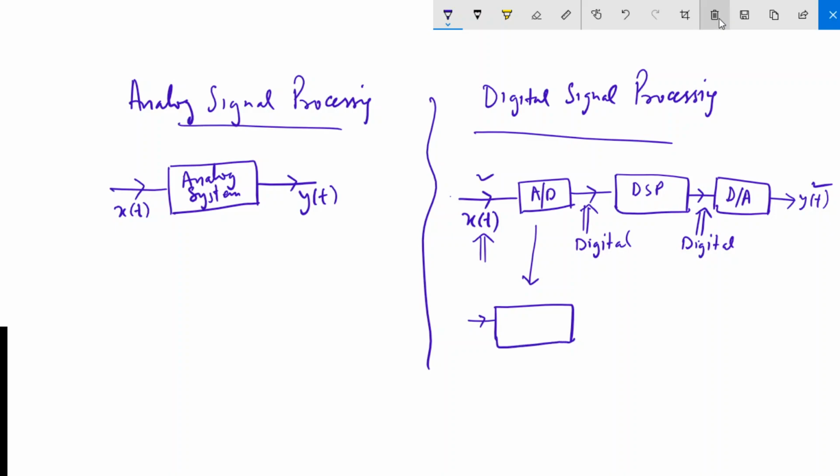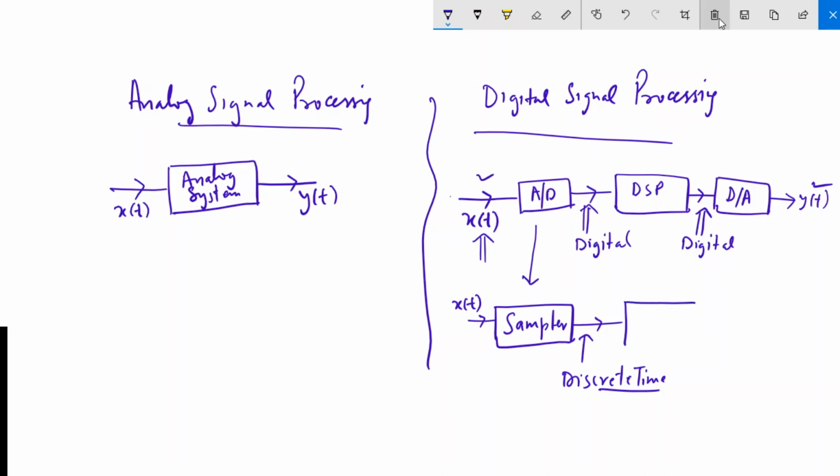Okay, now this A to D converter, analog to digital converter, itself has many blocks within it. You give as input a continuous time, analog signal. The first block that you have is a sampler, which converts the continuous time signal into a discrete time signal. The output of this is discrete time. You have discretized the time axis now, but the amplitude is still analog. This is not a digital signal, this is a discrete time signal.